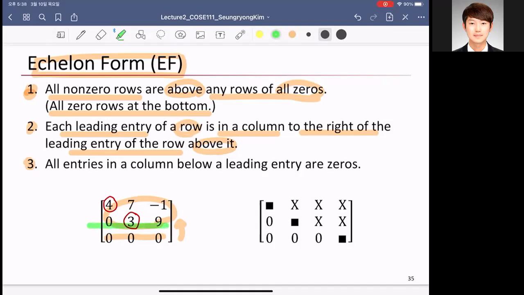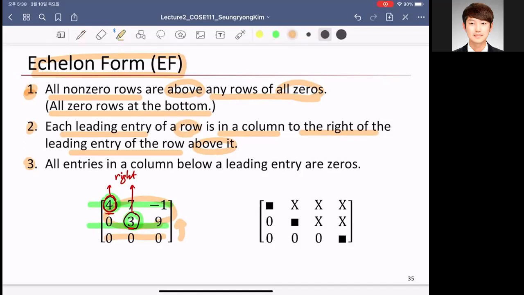This is the leading entry of the second row. This is the leading entry of the first row, and this leading entry is on the right side, right? On the right side of the leading entry above it. So this 3 ends up being to the right of the 4. Just a definition, right?